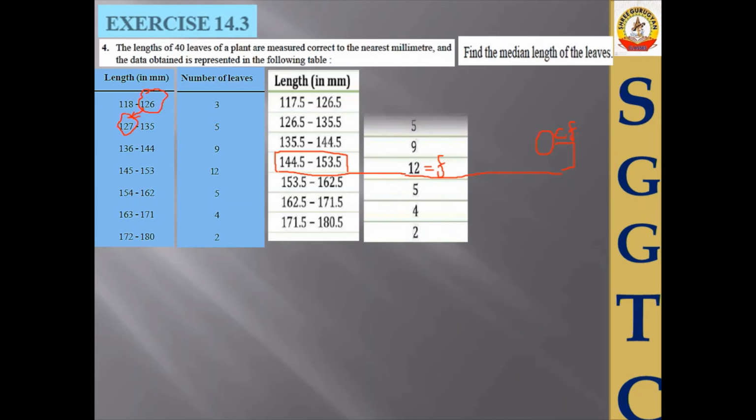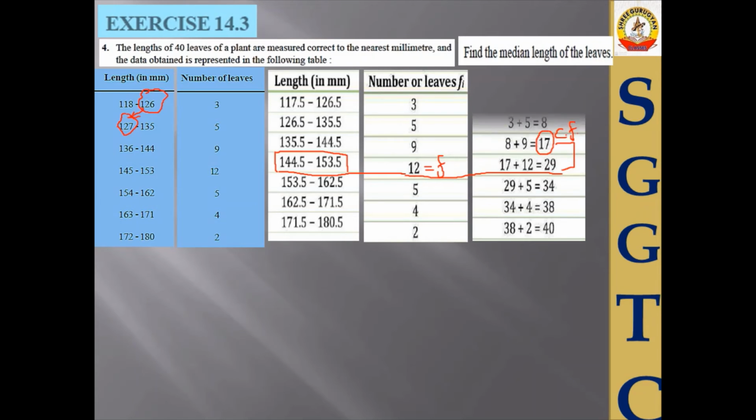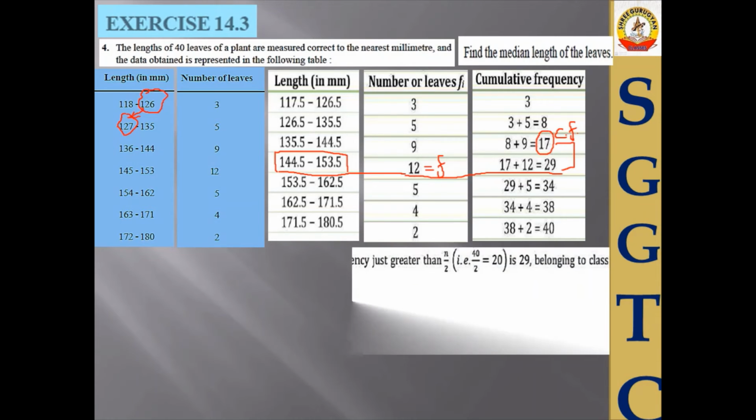So your first class is created as 117.5 to 126.5, same as next 126.5 to 135.5. Check here students, you take the left-hand side lower limit minus 0.5 and upper limit plus 0.5, so surely continuity is valid.